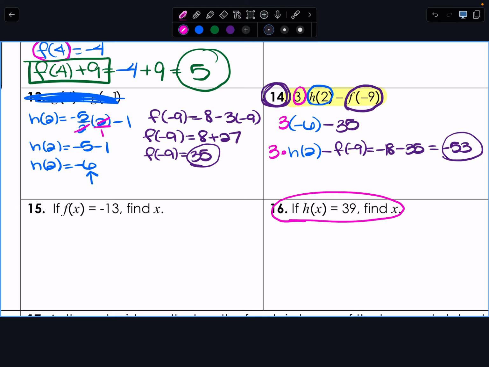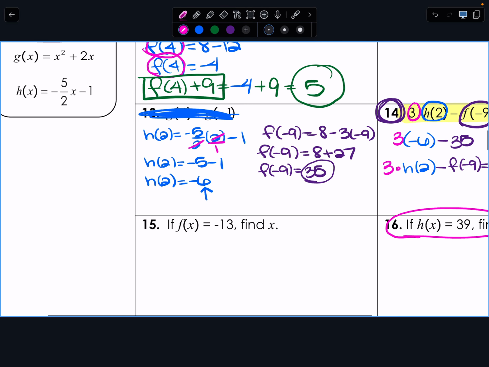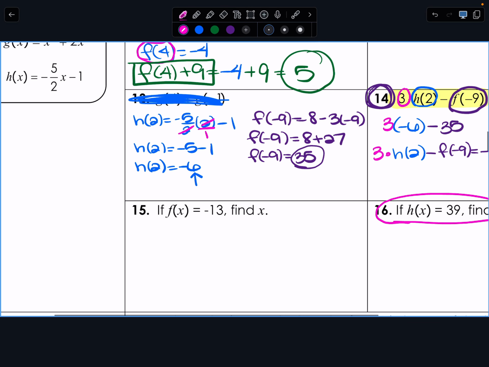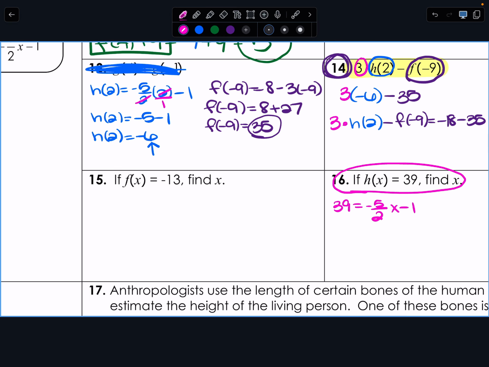So I'm going to use that same mentality when I have an equation. Why would I choose that one? But that's okay. So I'm going to put 39 is equal to negative 5/2 x minus 1. I'm like, why would I do this to myself?